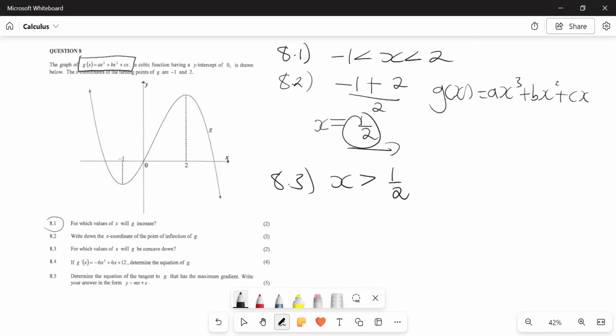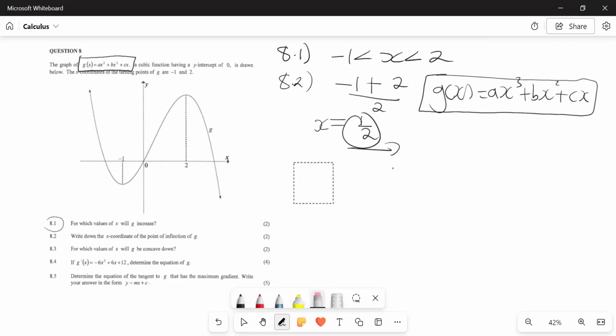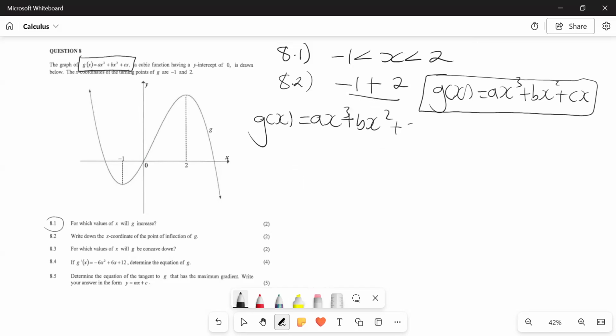The reason we're using this formula is because our graph doesn't have the y-intercept. So with that being said, we can just say g of x equals ax cubed plus bx squared plus cx, right?